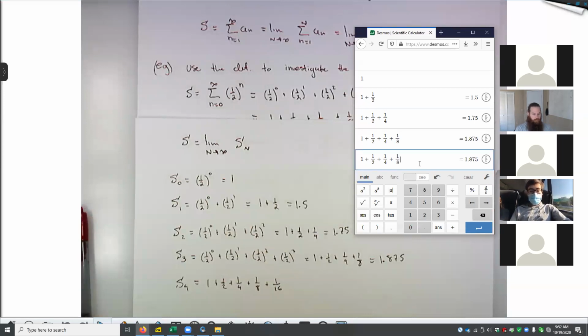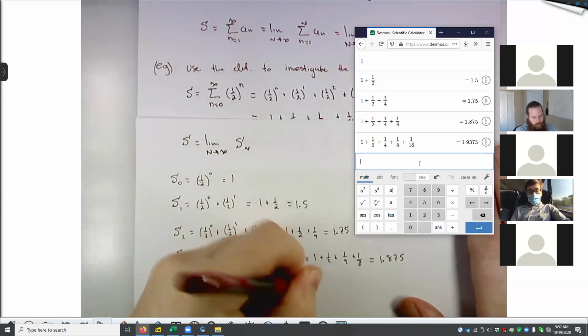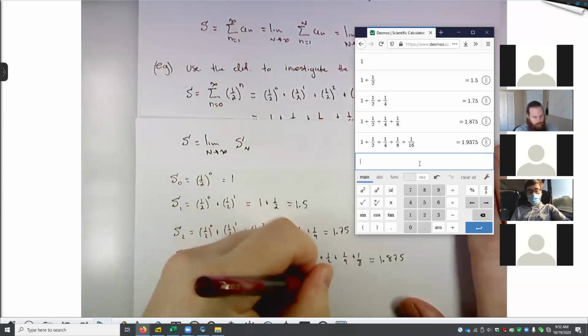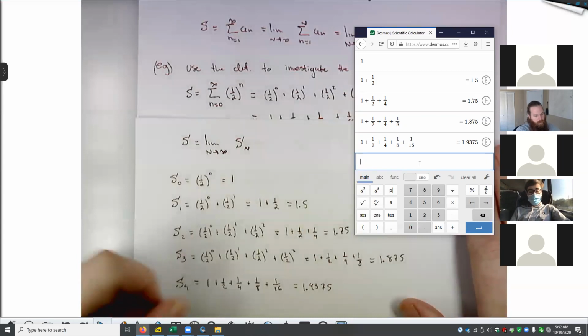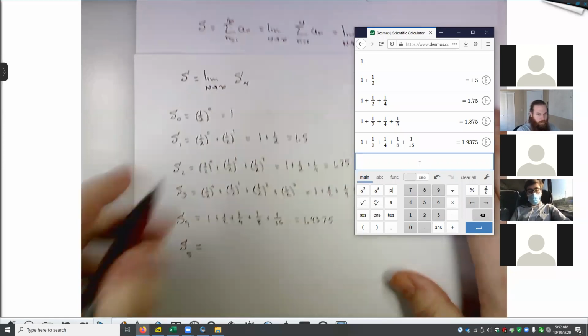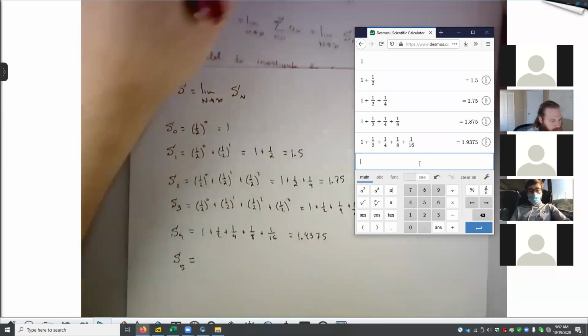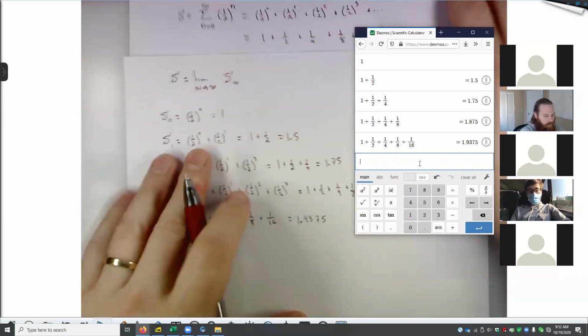Does it converge onto 2? Let's see. So this guy is 1.9375. And yeah, if we keep going here, these partial sums, Sn, appear to be getting closer and closer to 2.